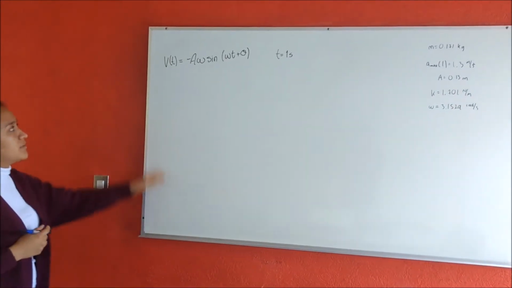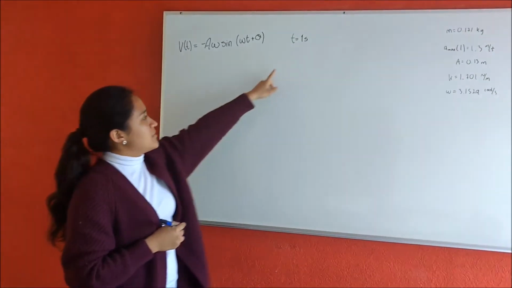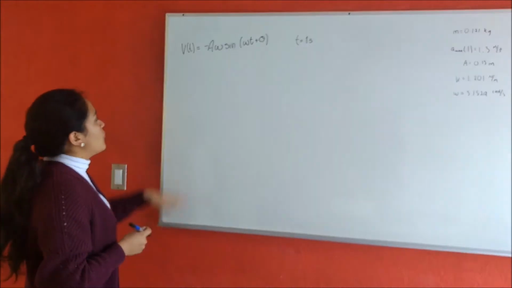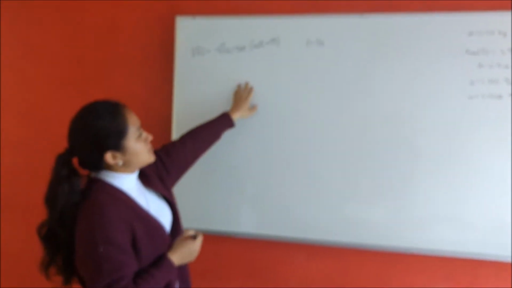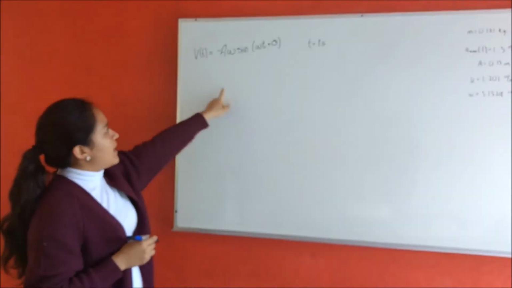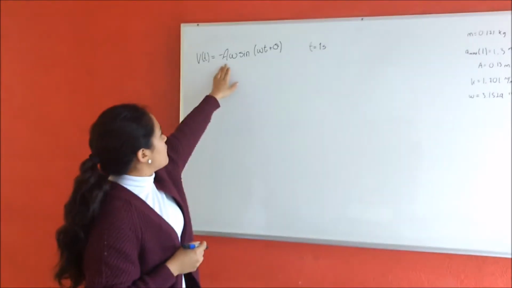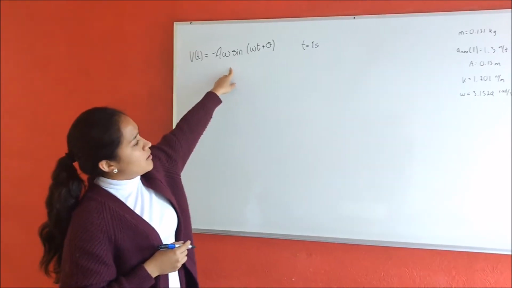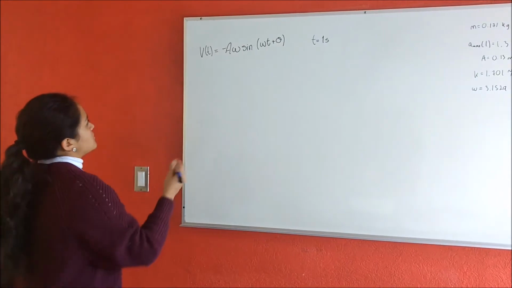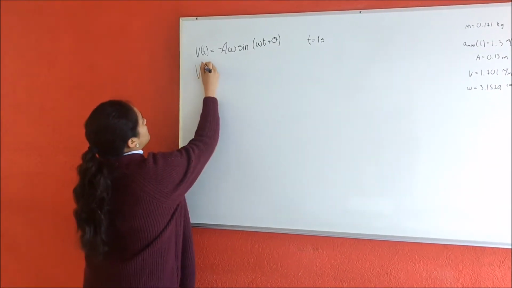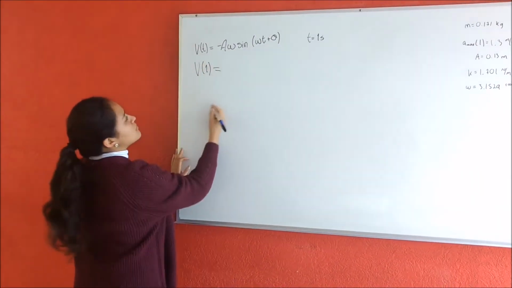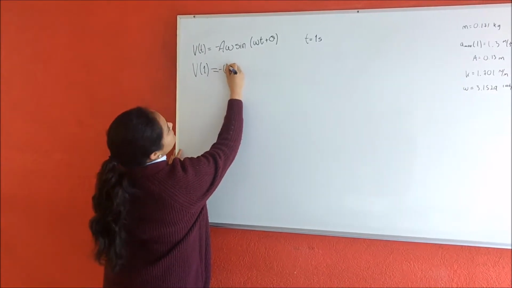Okay, so to obtain the velocity of the cell phone when the time is equal to 1 second, we need to use this formula, and then we already have the values of the amplitude and the angular velocity, so we only substitute, and it will be like this.